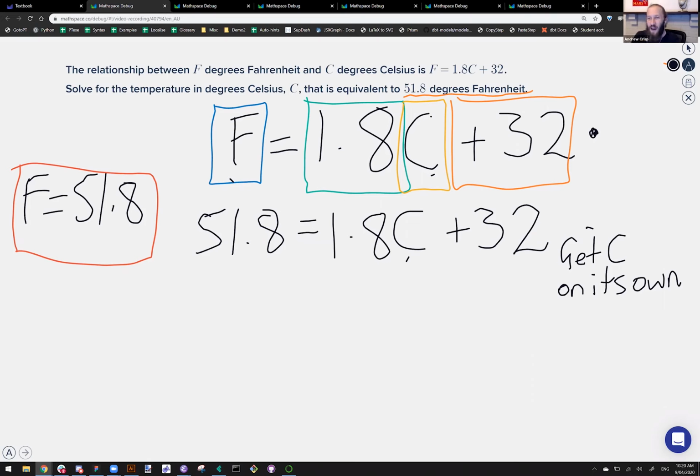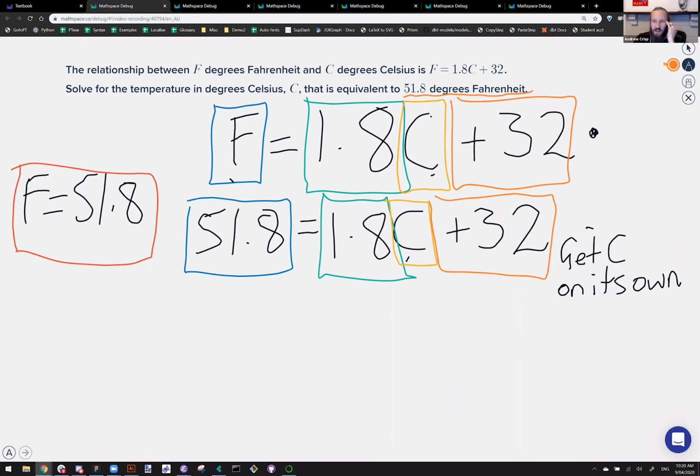Okay, so how do we unwind this expression? I'm going to use my colors again, just so you can see what I'm talking about here. So I've got my 1.8. We've got our big goal. This is what we're trying to get to, our C. And finally, the plus 32.